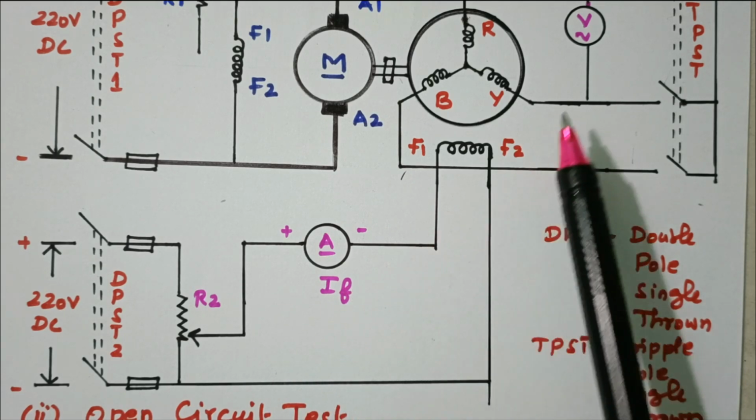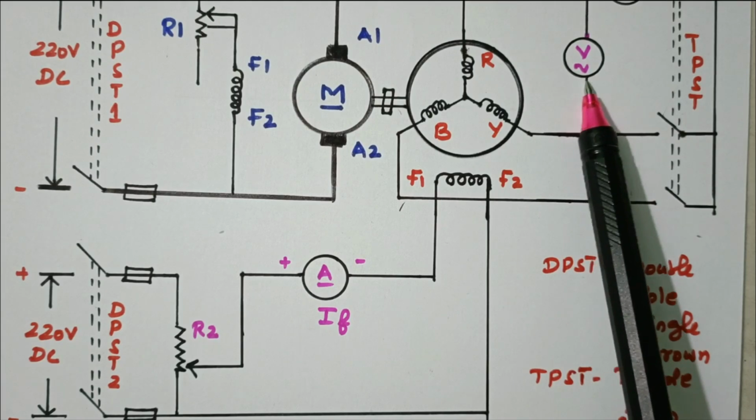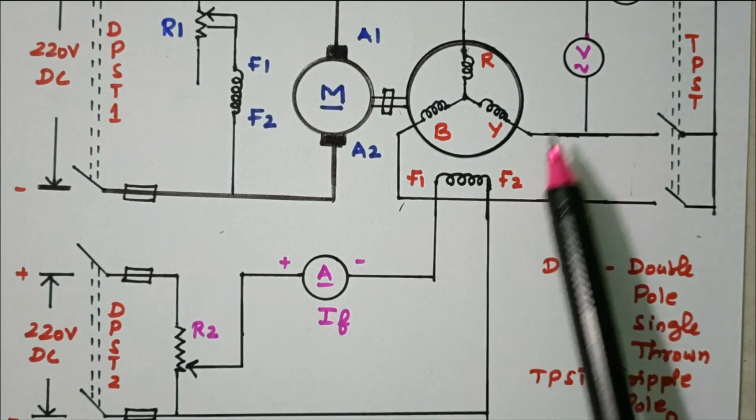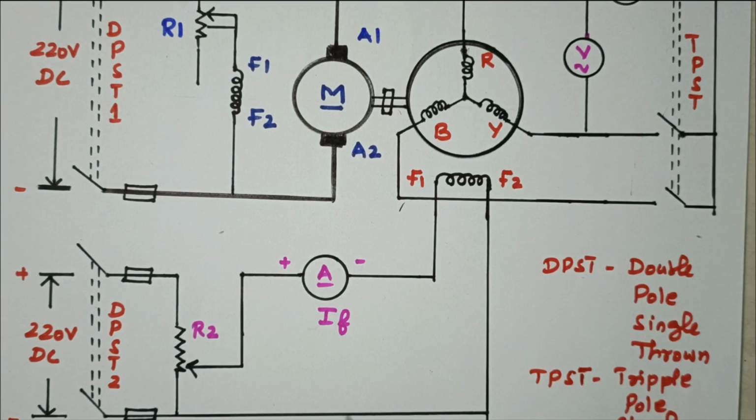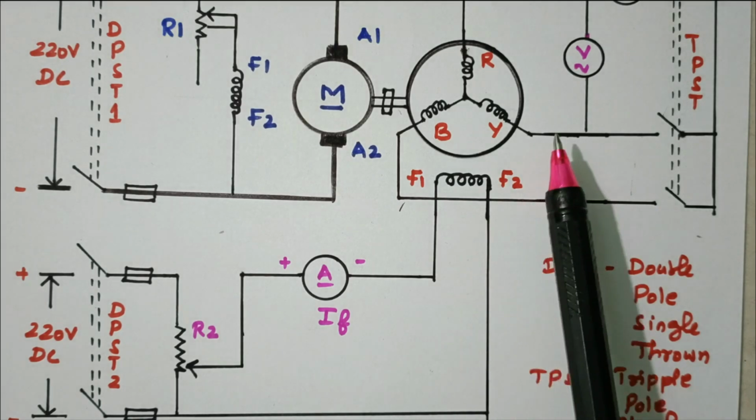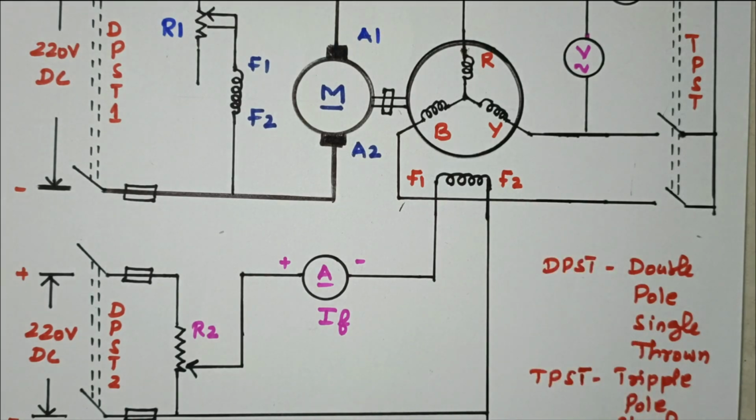These two readings are noted down and tabulated. We have to repeat the same procedure until we get the rated voltage.